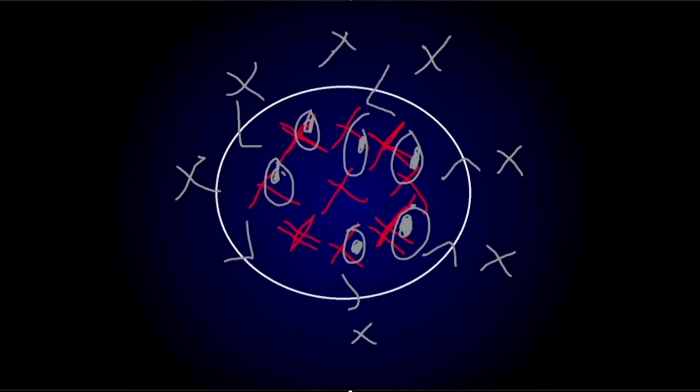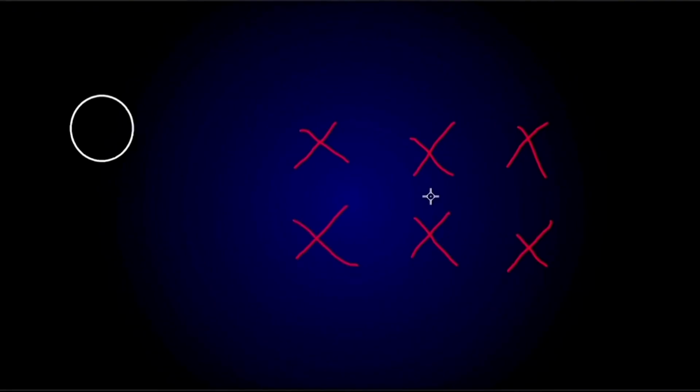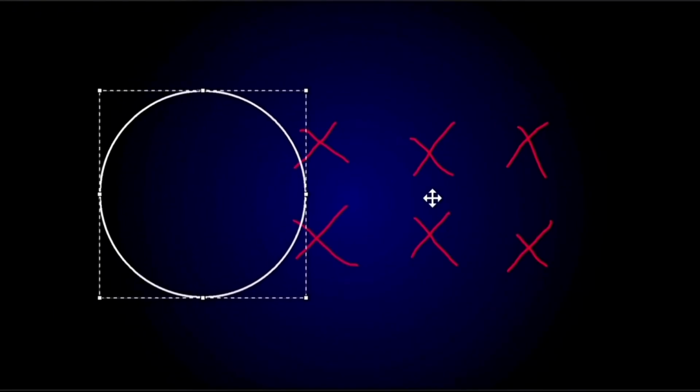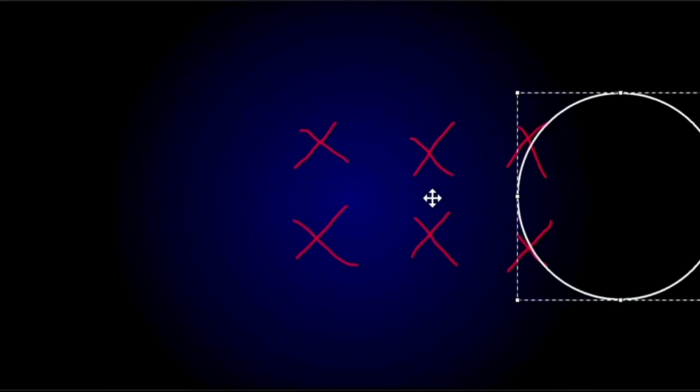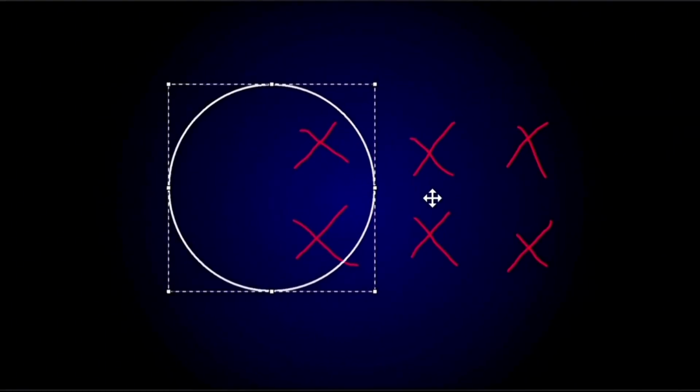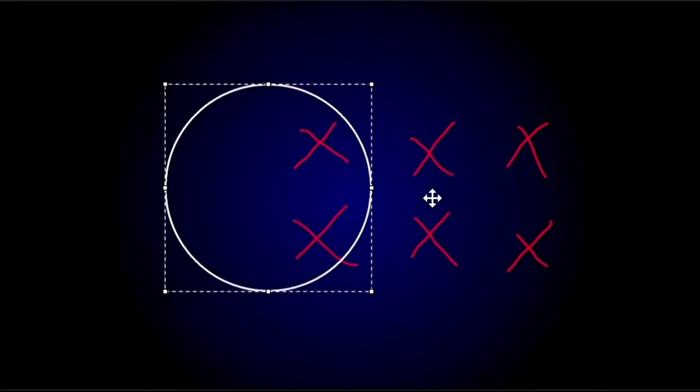What if the magnetic field is still static? We can still create an induced current by moving the loop. So let's see. There is the static magnetic field, and we move the conducting loop through it like this.